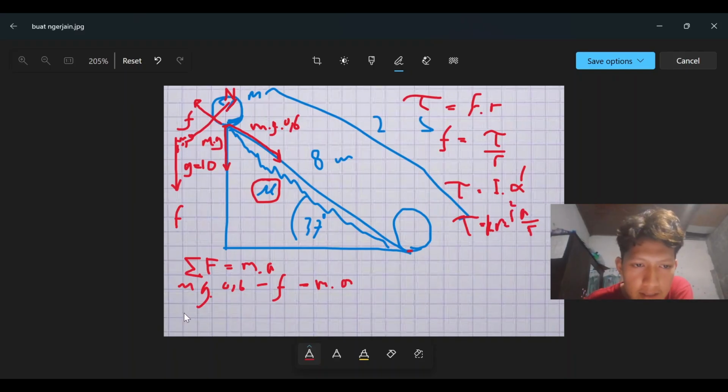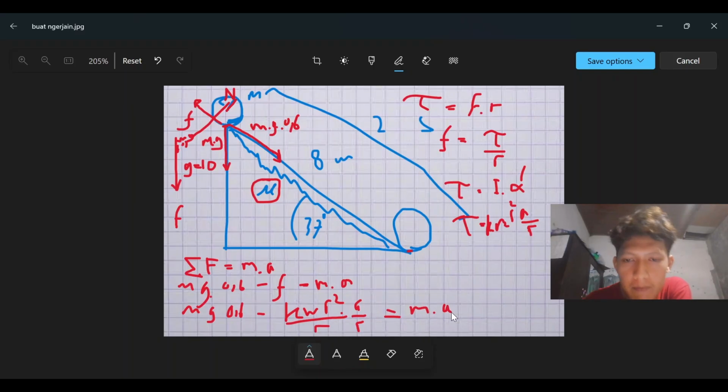So we can write mg 0.6 minus F equals to tau. Tau is k m r squared times a divided by r, and F is tau divided by r. So this equals m times a. But wait, what is a? That's the kinematics coming in.